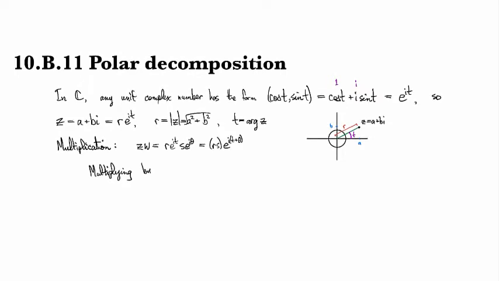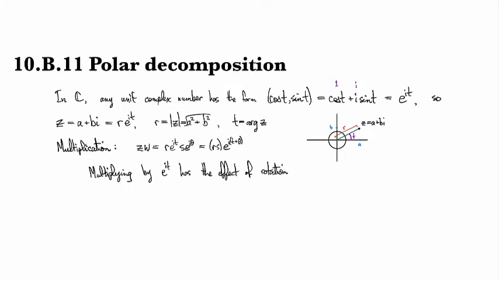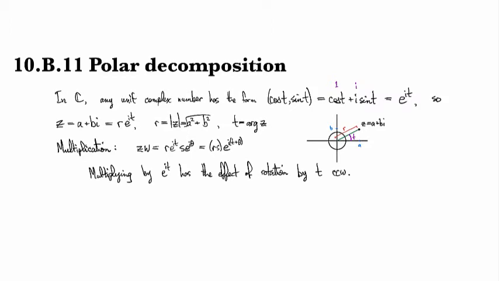And so what this means is multiplying by e to the it has the effect of rotation by t counterclockwise around the origin.